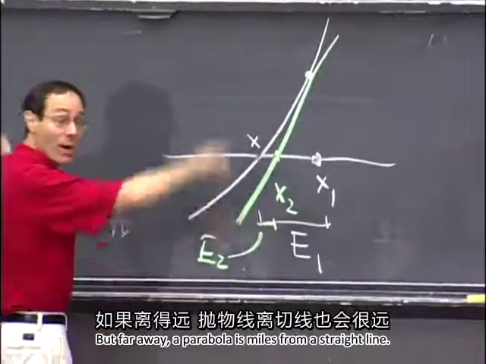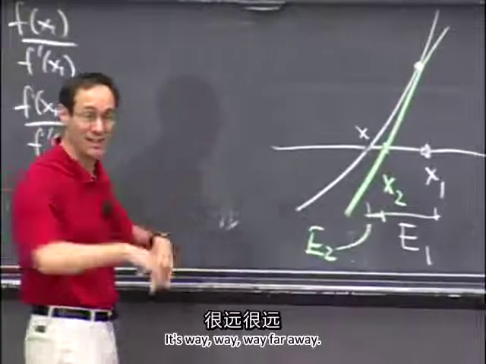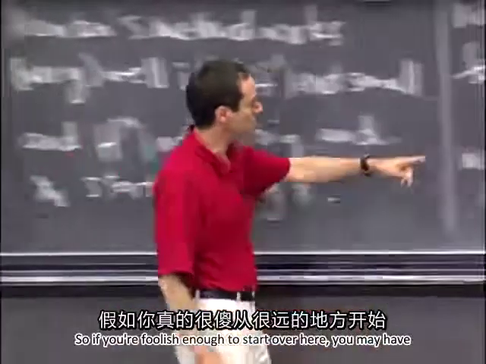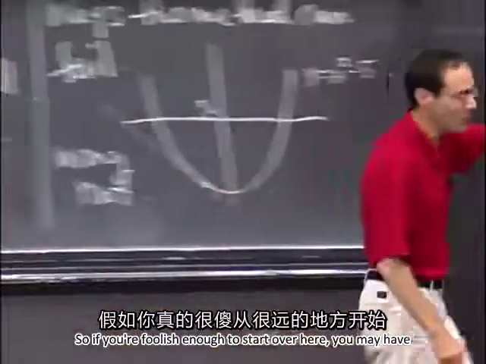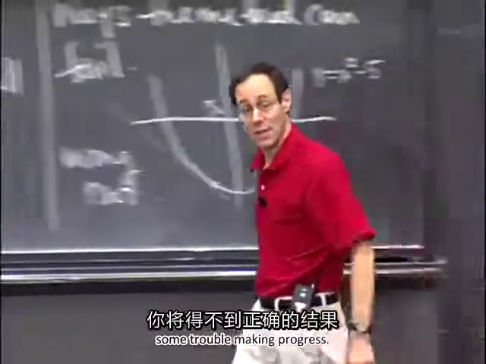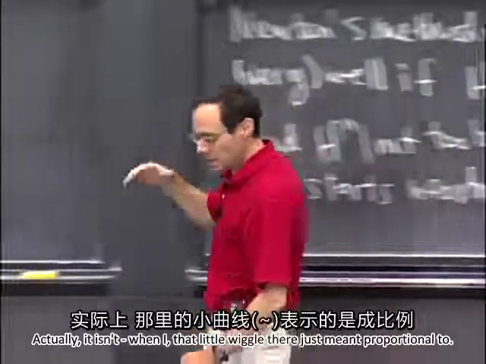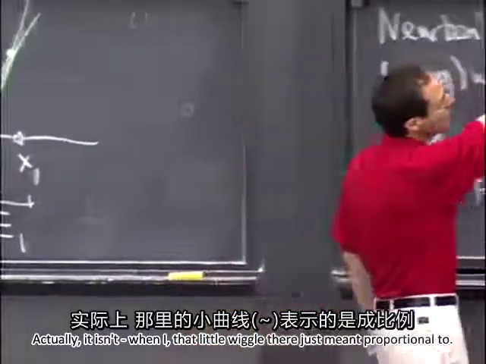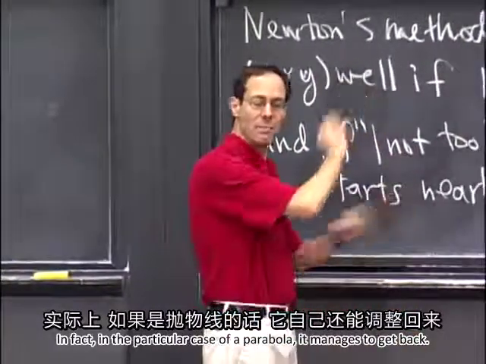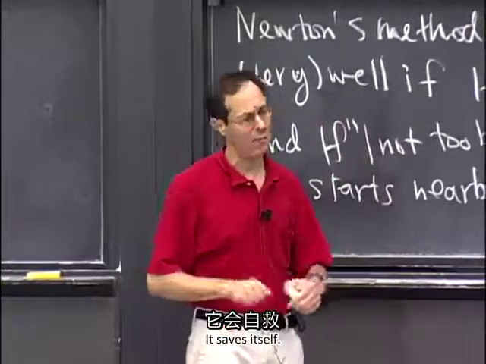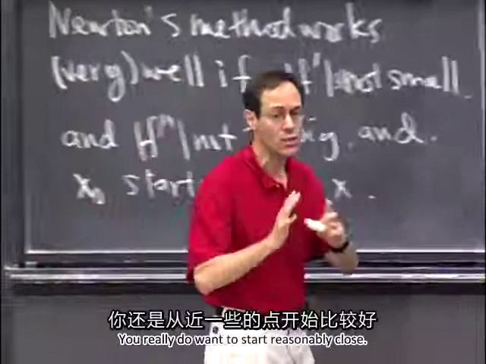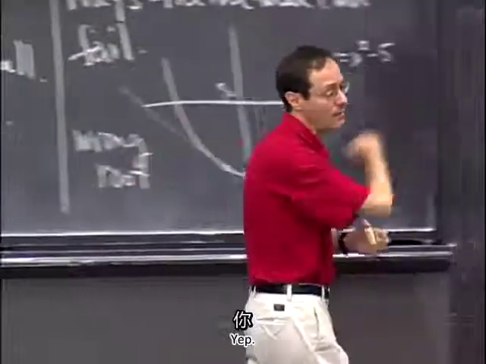But far away, a parabola is miles from a straight line. It's way, way, way far away. So if you're foolish enough to start over here, you may have some trouble making progress. In the particular case of a parabola, it manages to get back. It saves itself. But there's no guarantee of that sort of thing. You really do want to start reasonably close.